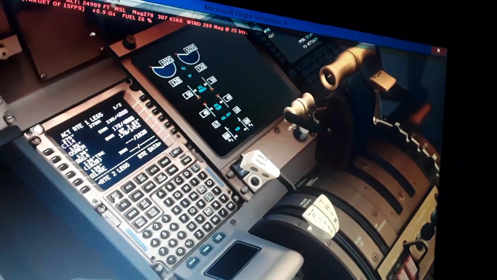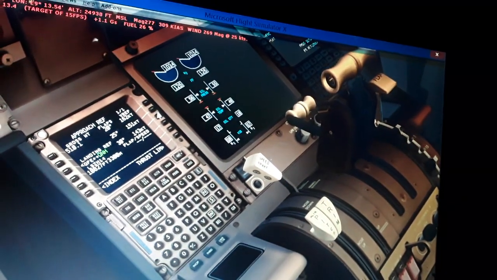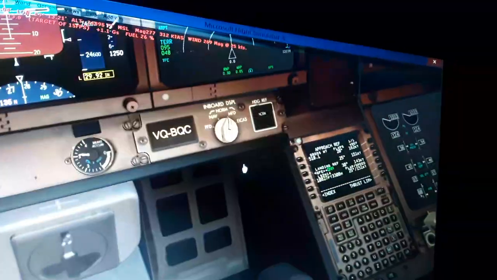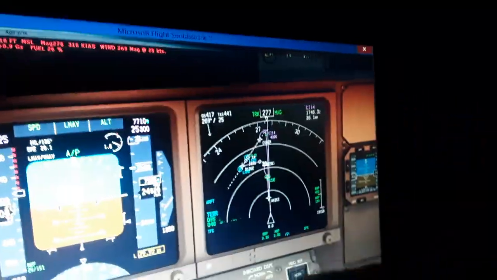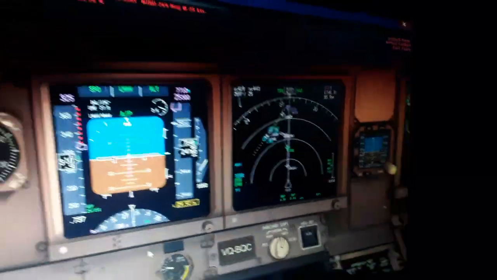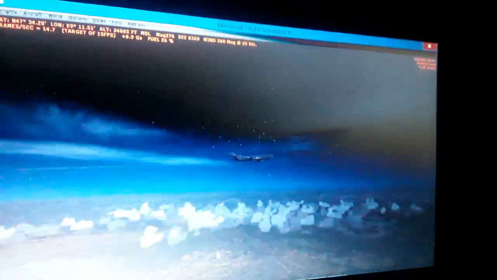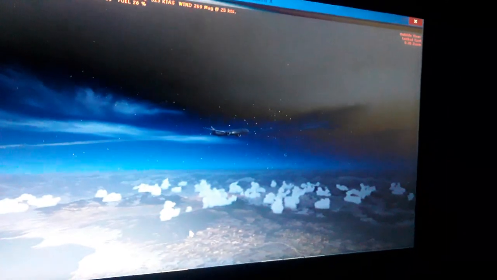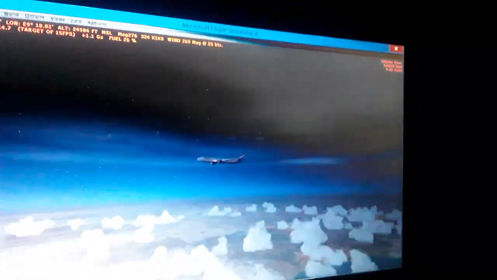Also use the approach over here to this runway. So we start the descent right now. We left 35,000 feet, still cruising 24,600, and we descend from 35,000.